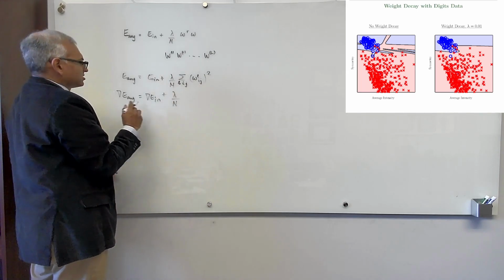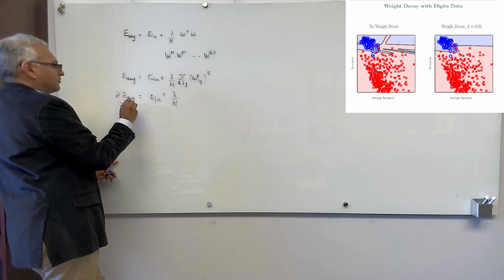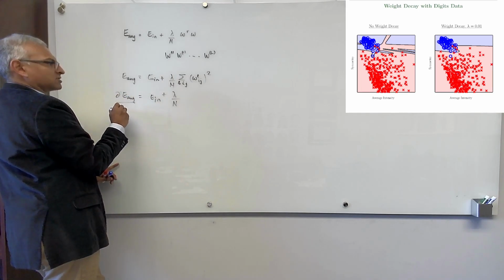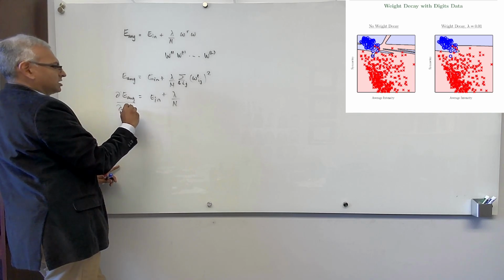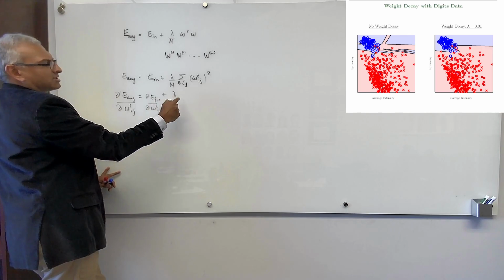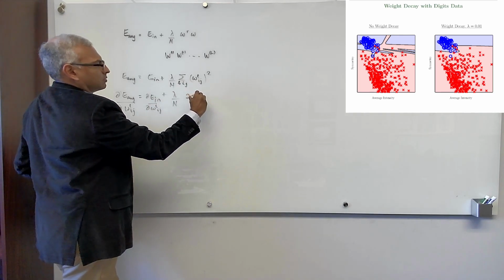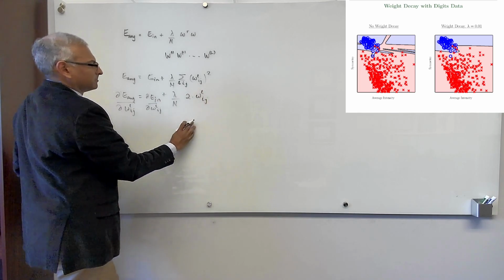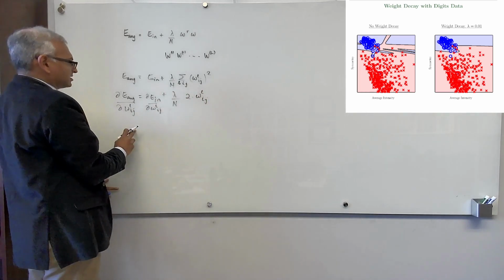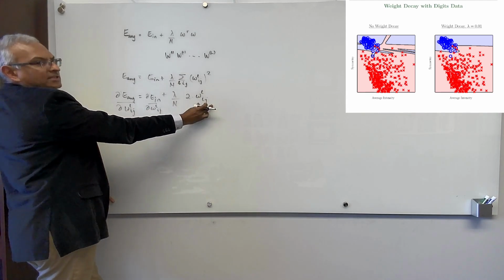If we take the derivative of the augmented error with respect to some weight w_l,ij, it's the derivative of the in-sample error with respect to that weight, plus lambda over n times the derivative of the square, which is just twice the weight itself. So the gradient becomes the gradient plus twice the weights.